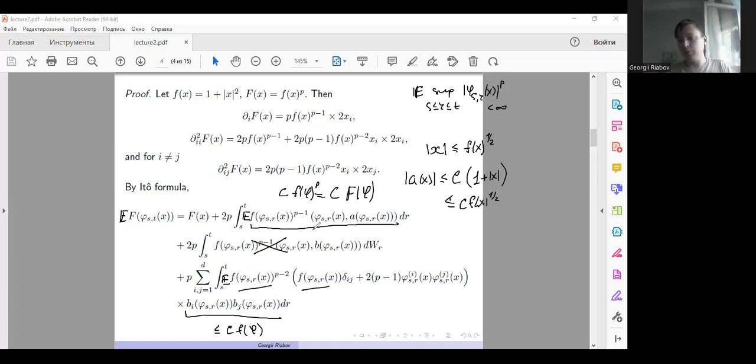So it will also combine into f of phi to the power p. And here, again, we have a product of phi and phi, which is less than f of phi. So all expressions under the integral are bounded by some constant times this function.